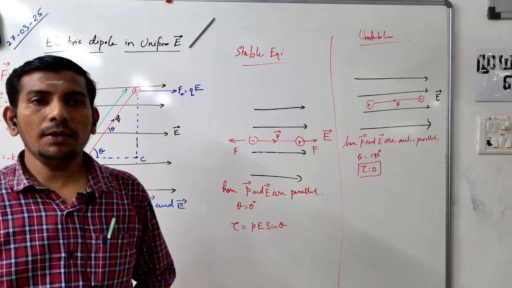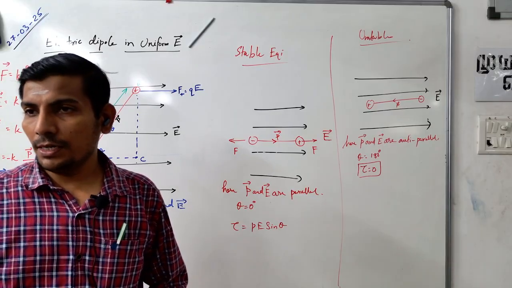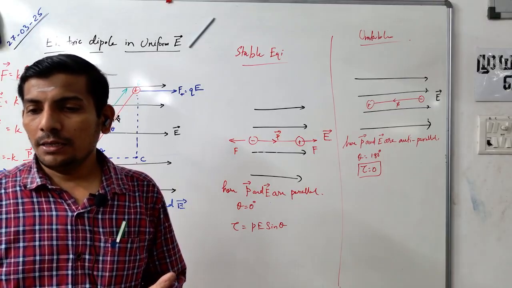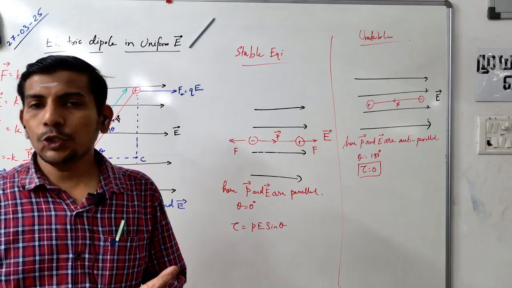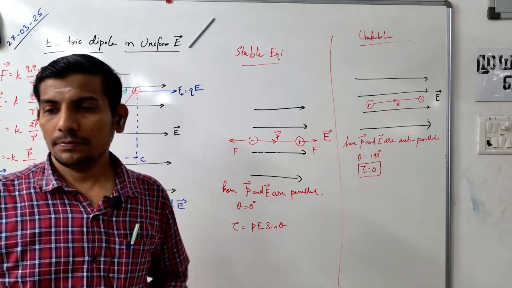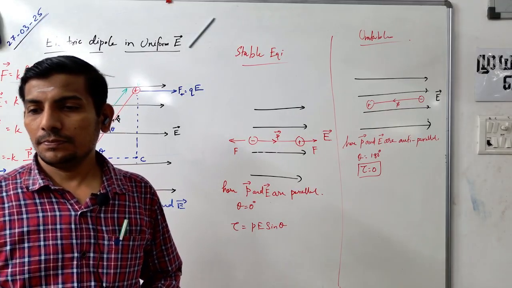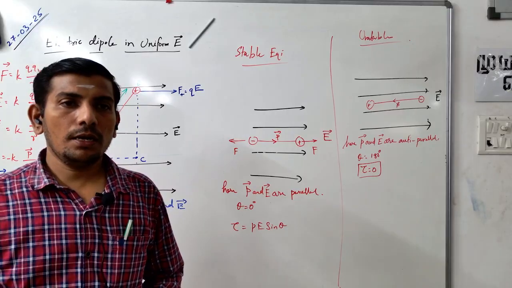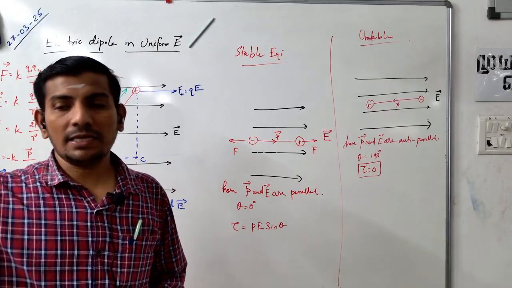So under the stable and unstable equilibrium conditions, the net force and net torque acting on a dipole are equal to 0. So when do you think the net torque acting on the dipole is maximum?